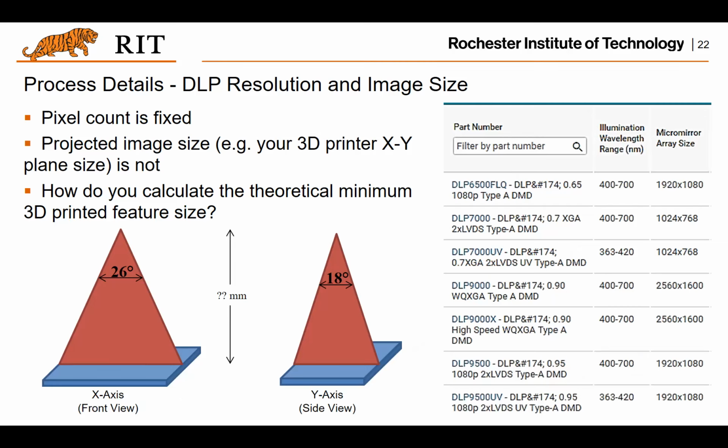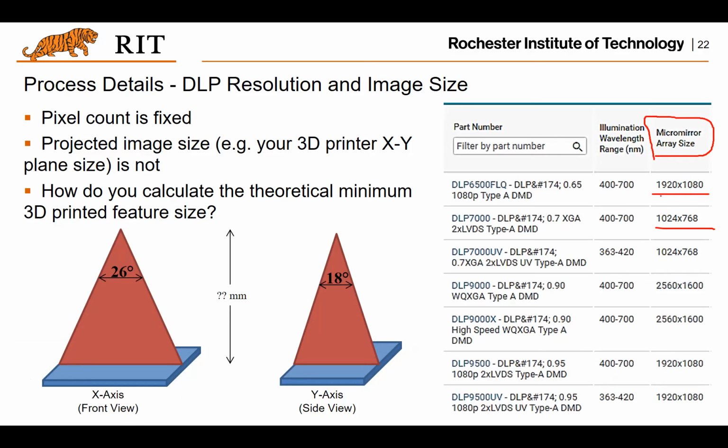So for the process, as you can see here, you are looking at an image to be projected, and the image pixel is fixed, right? You have an image with different resolutions, and that depends on the micro mirror array size.